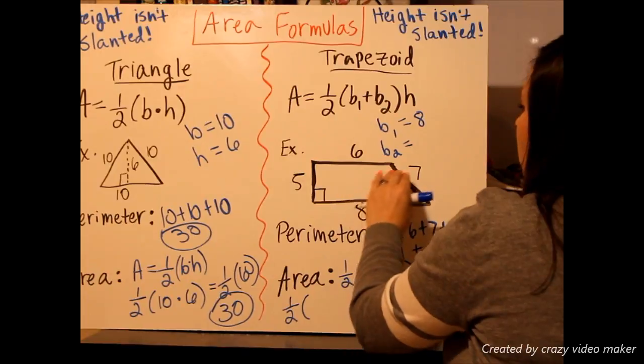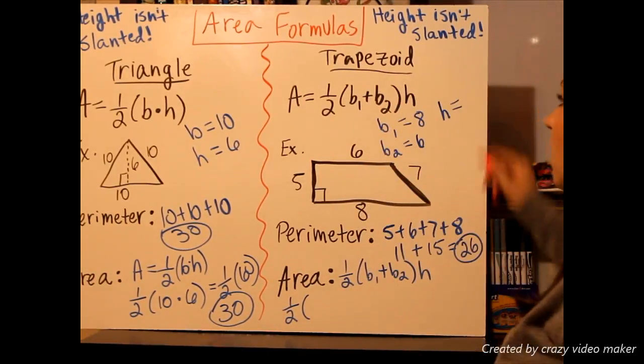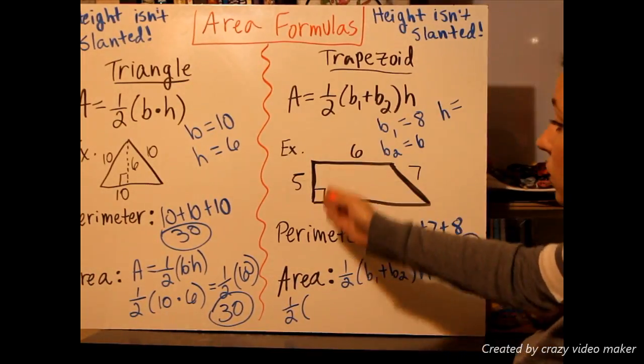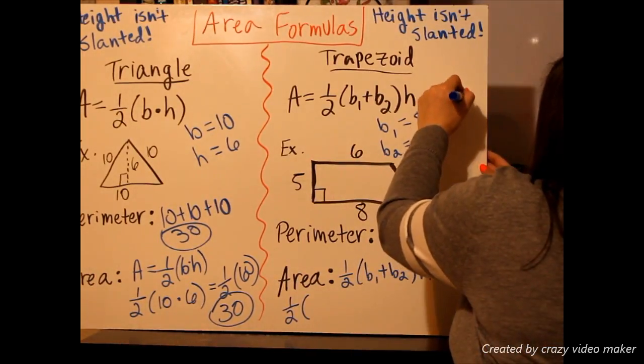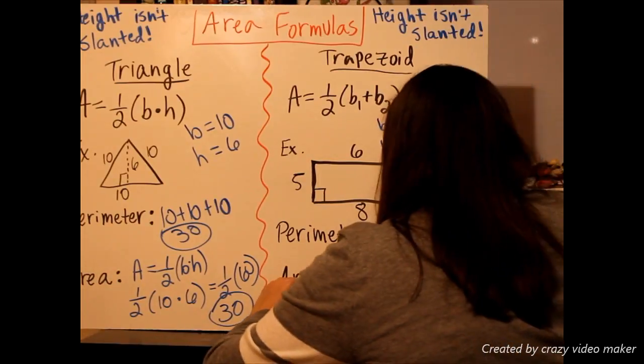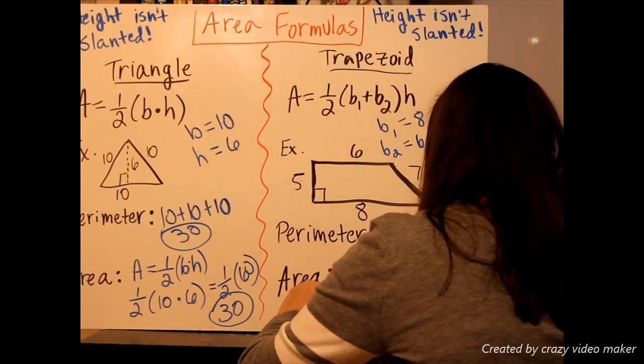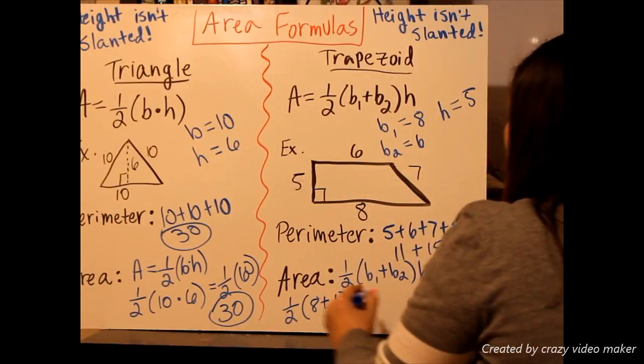B2 is 6. And our height, again, your height is not slanted, so it's the one that's straight up and down. Our height is 5. So we'll plug in here. B1 is 8 plus B2 is 6. And then we're going to multiply it by the height, which is 5.